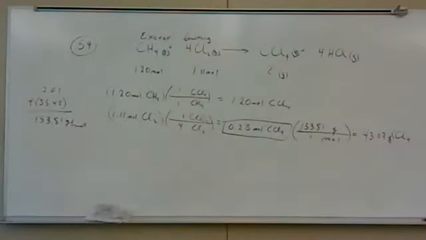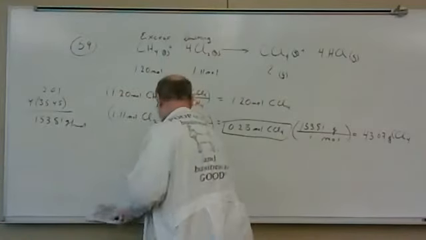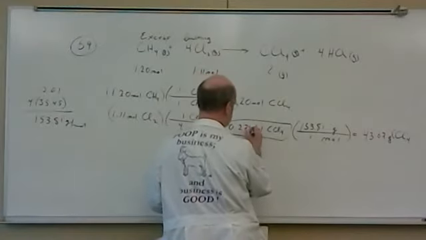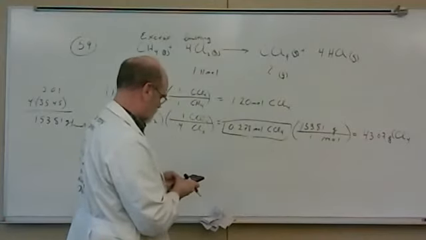59. Let me see if I got it right. Okay, I miscalculated somewhere. 1.11 enter 4 divided by 2.7, 2.78. I bet that's where it is. This is 78, and then times 53.